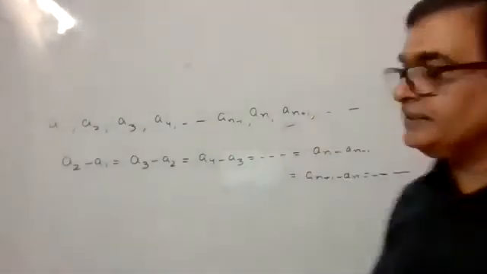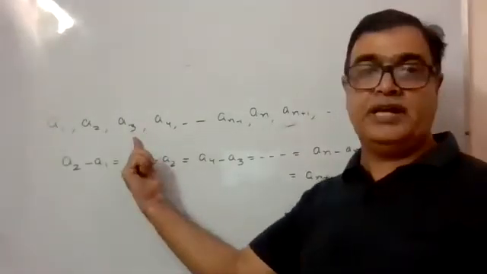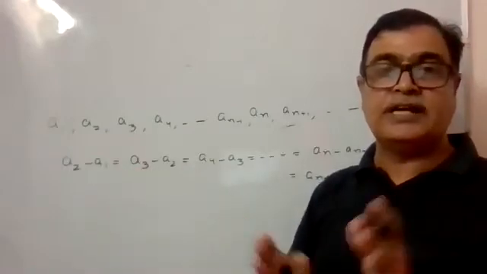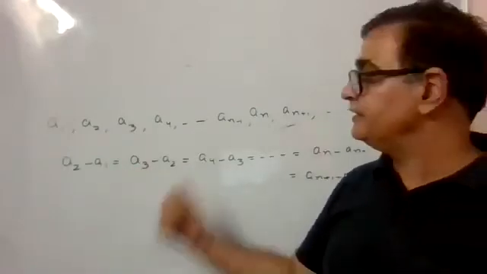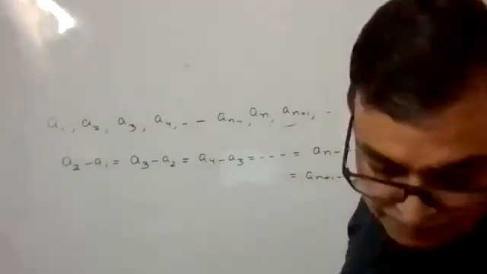So here every term and the term preceding it will have the same difference, which we call the common difference, which is maintained here. That will be called an AP.